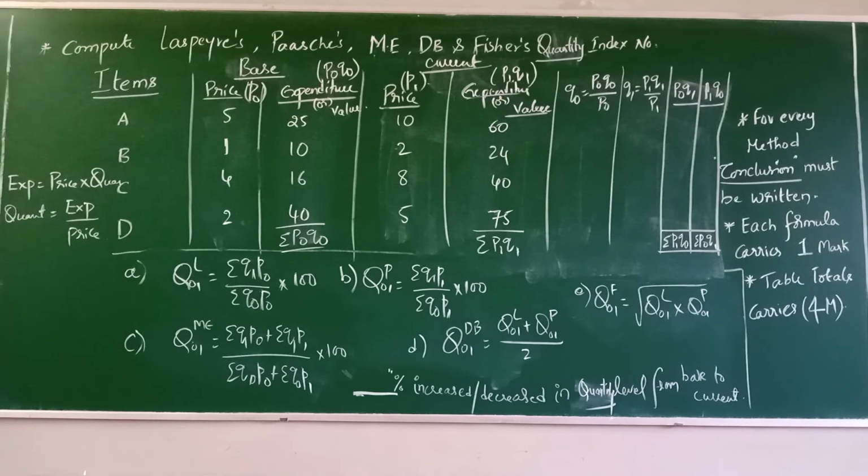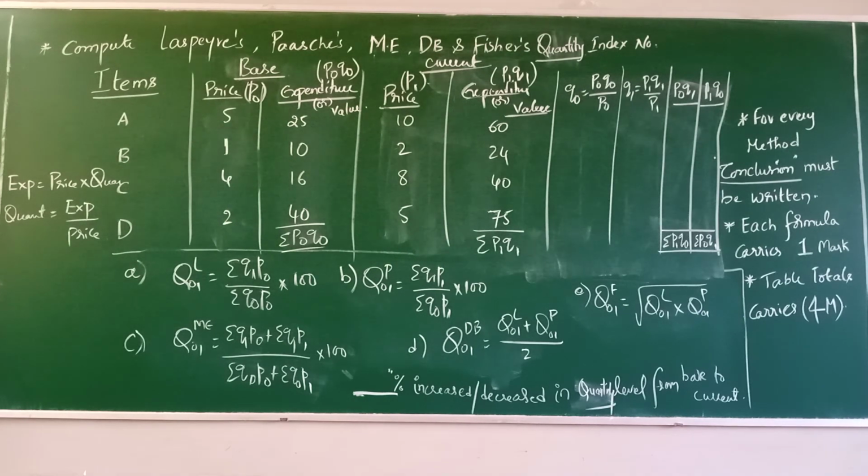So remember totals, formula writing and conclusion. Since it is asked in quantity index number, we need to observe the quantity level from base to current, how much percentage it has increased or decreased towards 100. Clear? So this is how the problem has to be done.